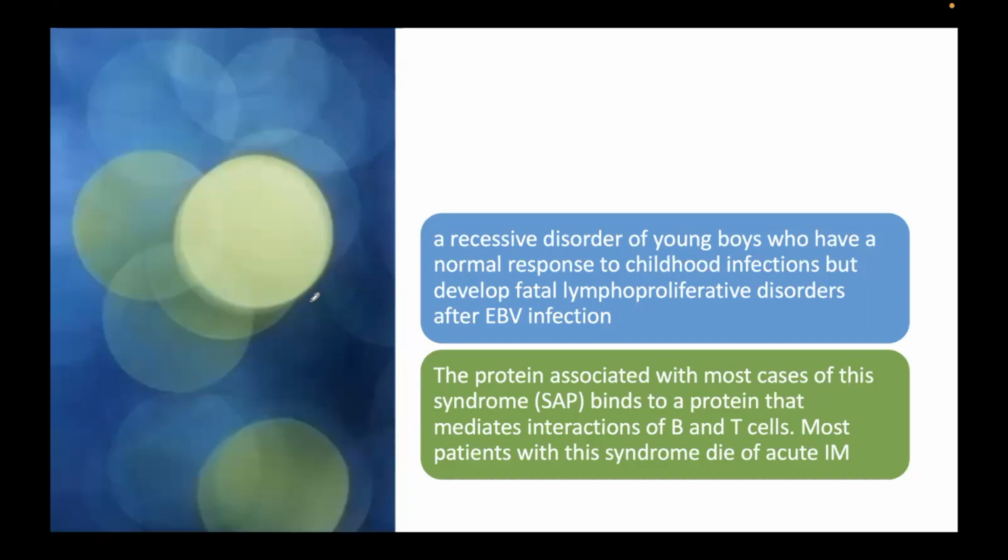Question: what is a recessive disorder of young boys who develop a fatal lymphoproliferative disorder after an Epstein Barr virus infection? Very important in the pathogenesis of this lymphoproliferative disorder is what we call the SAP. Okay, so there is going to be death from this rare disorder.